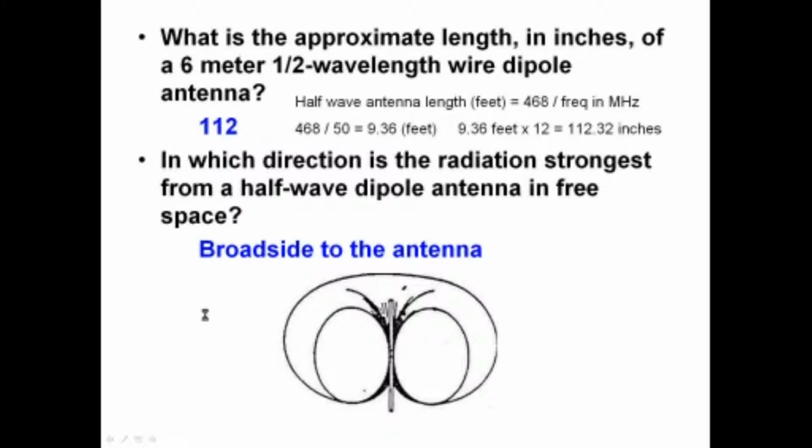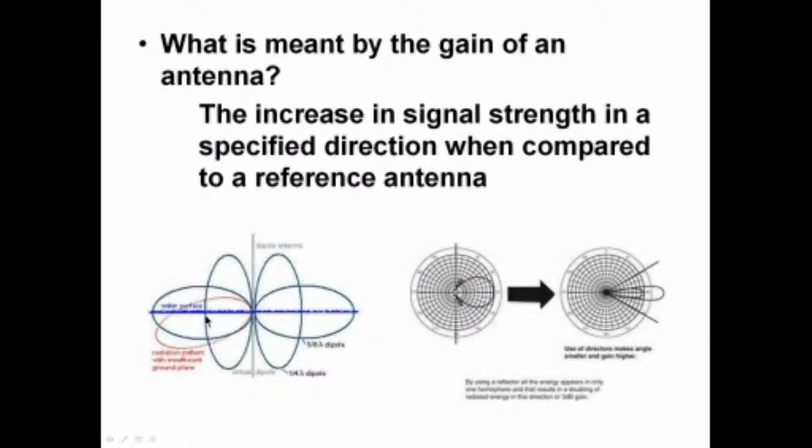Okay? So let's take a look at some patterns here. One way to do that is to use an antenna like a Yagi. And if we look at the Yagi, we can see that it has very little signal off the back, a lot of signal off the front. So we've taken that energy from the back, pushed it out the front of the antenna.